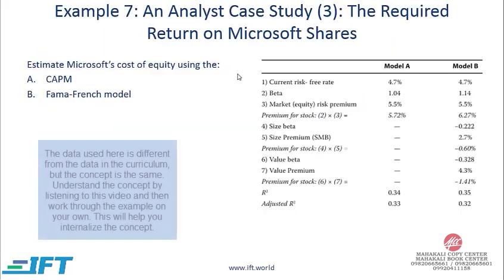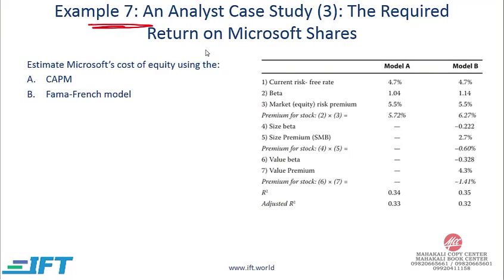Now let's make sure you get this. First we will do a simple example, example 7 in the curriculum, then we'll check your understanding. Estimate Microsoft's cost of equity using two models: CAPM and the Fama-French model. What is the required return using CAPM?